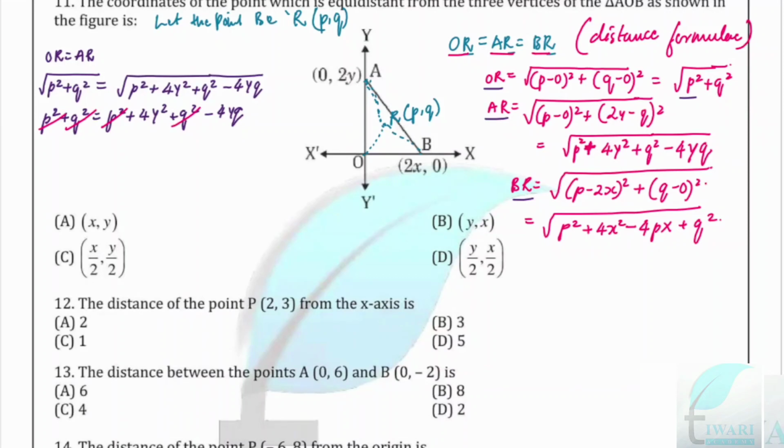So what we are left is 0 equals to 4y square minus 4yq. So 4y square equals to 4yq. That means q is equals to y square by y, that is equals to y. So q we got as y.